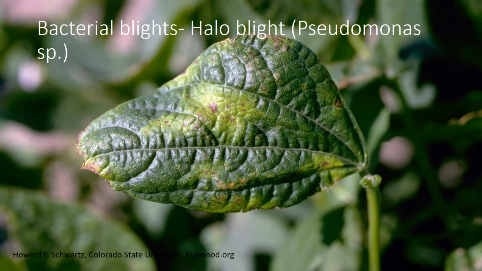You want to use disease-free seeds, and crop rotation is very important so that you don't continually have infection of your beans. And you don't want to work in the beans whenever the soil is wet, and you want to look for resistant varieties.